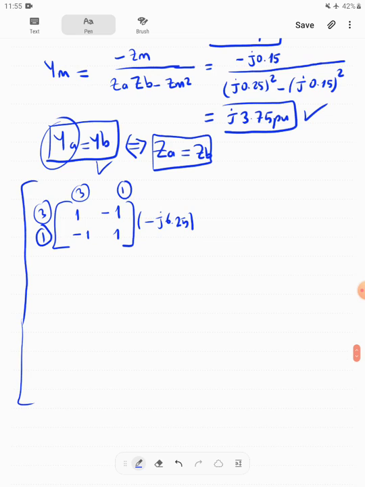Yes, as you see, the first elements of the Y bus are completed. What about the other transmission line?